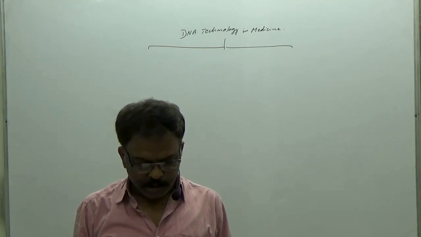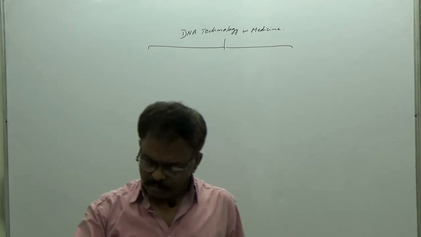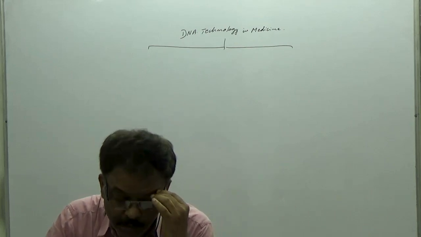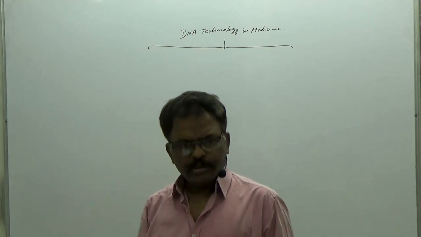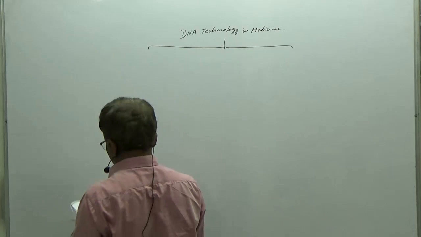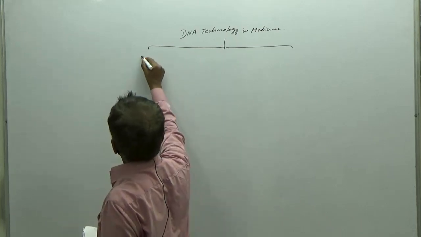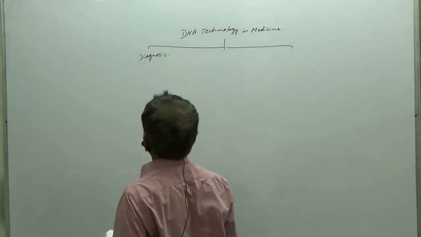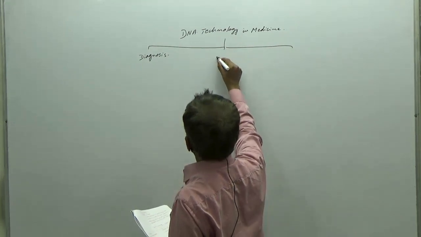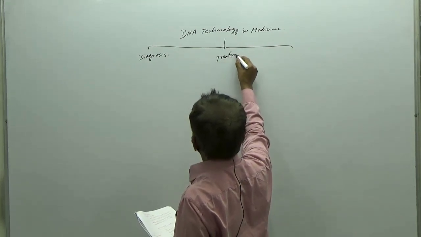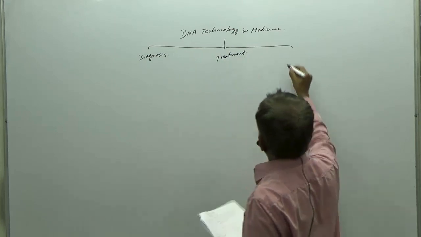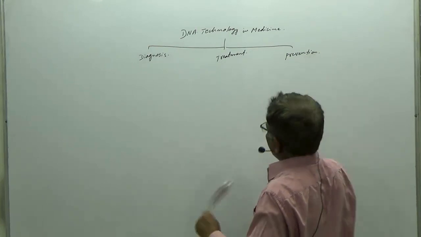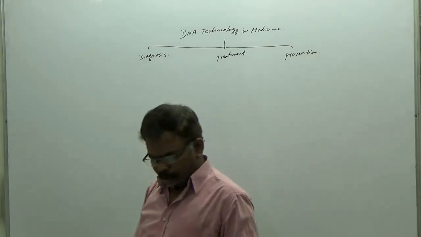What are the dimensions of medicine? First of all, we are using DNA technology to diagnose disease. Second one, treatment. Third one, prevention. That means first diagnosis, second treatment, third prevention. These are the three dimensions in the medical field.